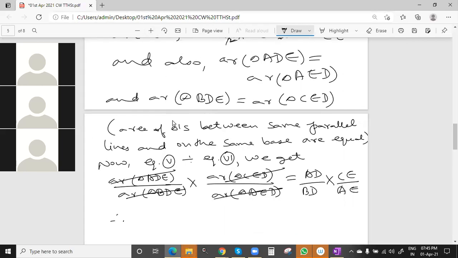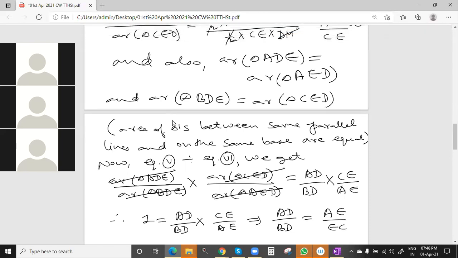Hence 1 equals AD by BD into CE by AE. So this implies AD by BD equals AE by EC.